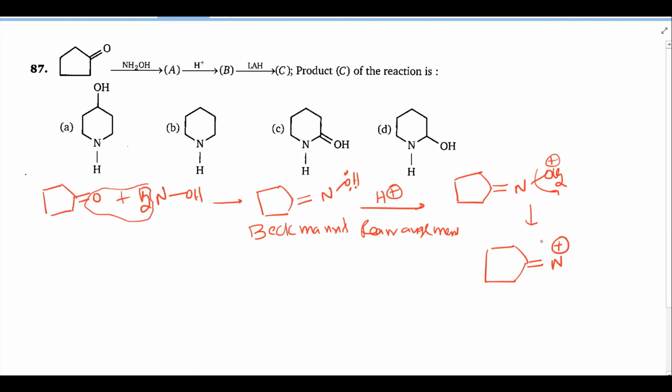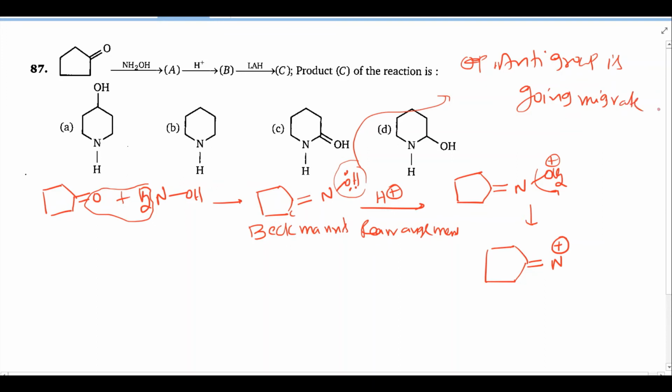In the Beckmann rearrangement, the OH group, here this is OH, no? The anti group, the group opposite to it, is going to migrate. This is the Beckmann's rearrangement condition.